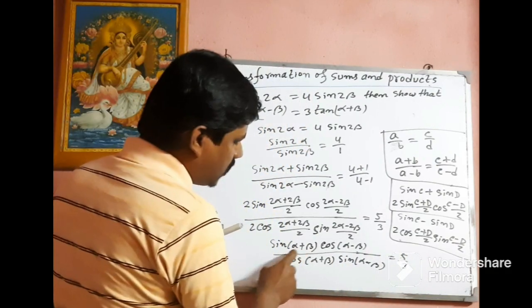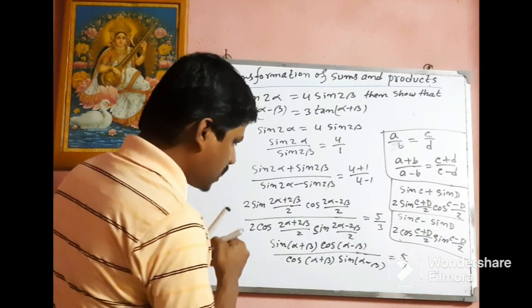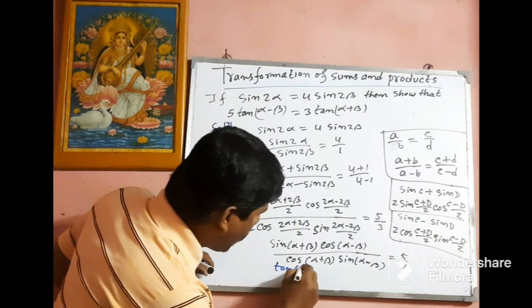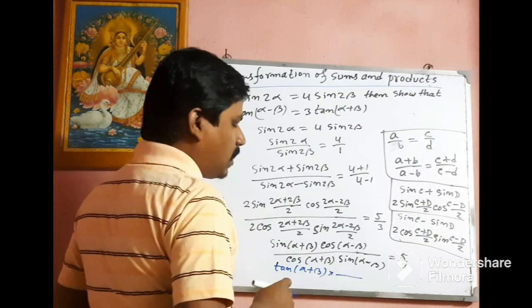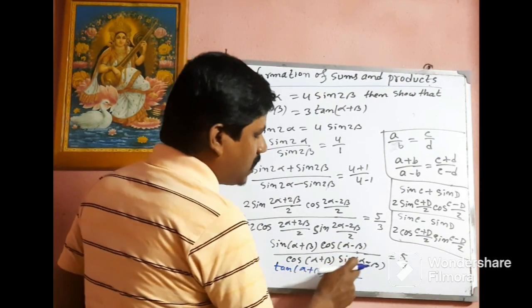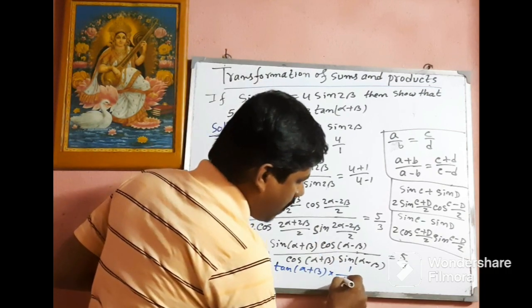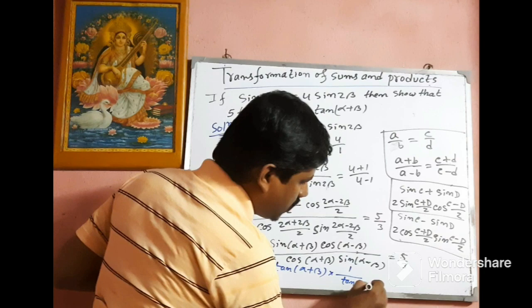Now sin of alpha plus beta divided by cos of alpha plus beta gives tan of alpha plus beta. Similarly, cos of alpha minus beta divided by sin of alpha minus beta will be 1 by tan of alpha minus beta.